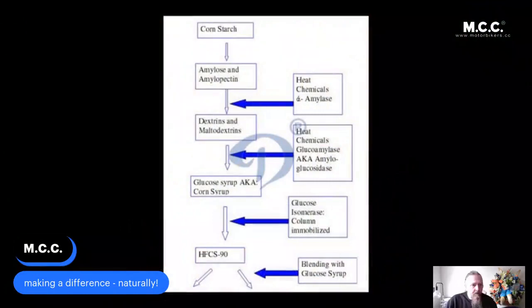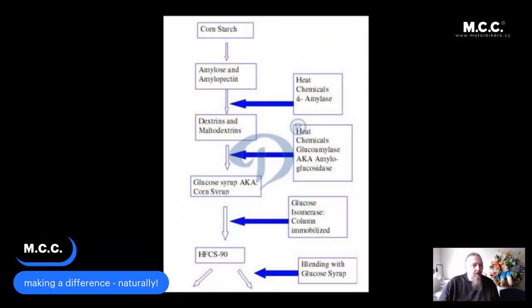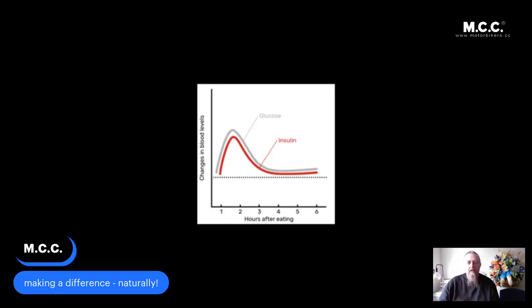Now the reason honey is fine and the reason normal sugar is fine is because when you eat it, this is what happens normally. The glucose is released into your bloodstream, and that prompts your body to produce insulin. It recognizes the high sugar level, so it produces insulin, and this tells your cells to start uptaking sugar.